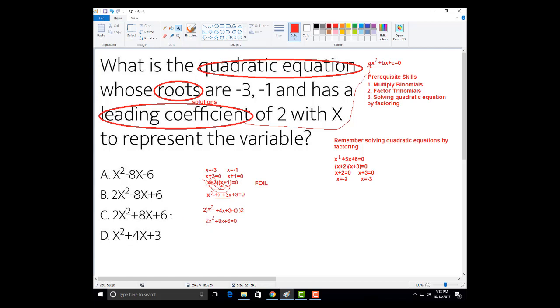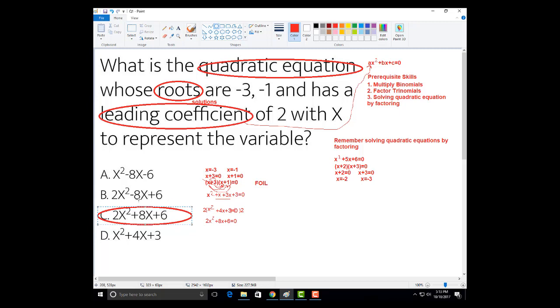And so my correct answer is not the last one, which I tried to choose quite a few times, but really this one, 2x squared plus 8x plus 6. But I still will make the point that whoever's math teacher this is made a mistake. The only reason they made a mistake is because this says what is the quadratic equation whose roots are all this.